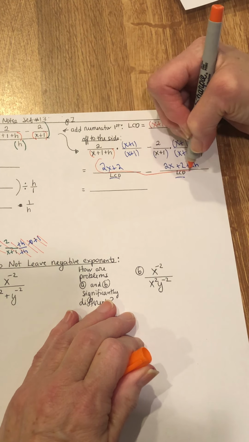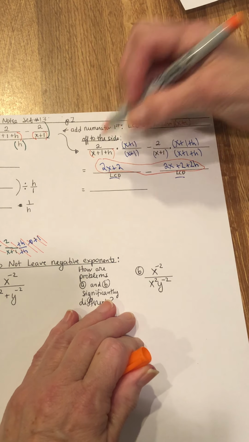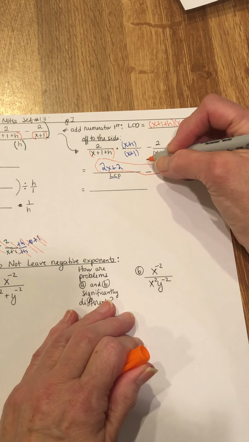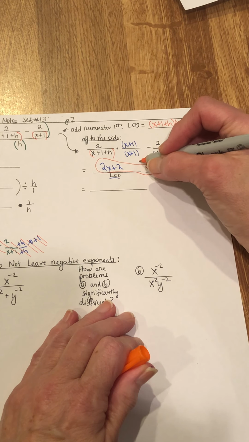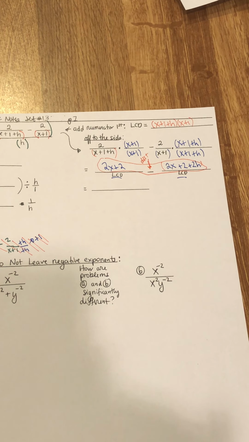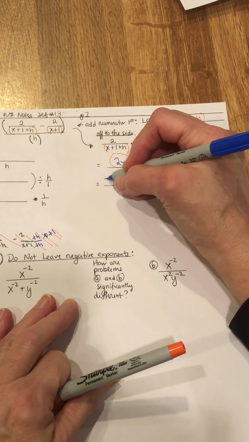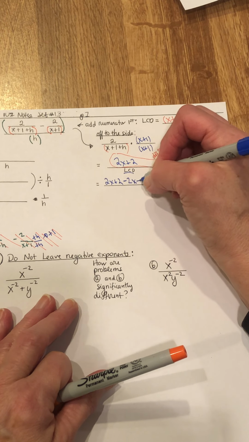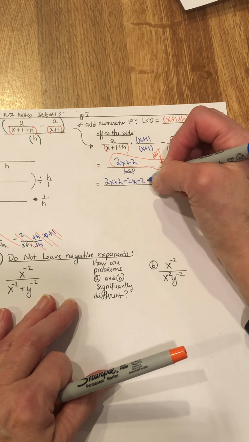That's all you do when you add fractions is you add the numerators, but you have to be careful. Remember, this is understood parentheses, so you need to distribute that negative. So this will wind up being 2x plus 2 minus 2x minus 2 minus 2h.